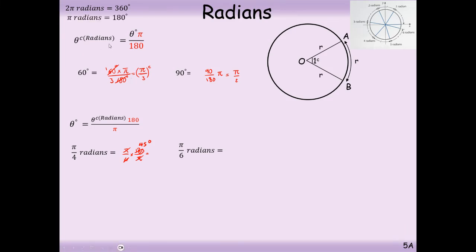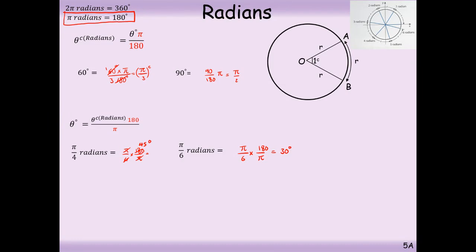This is an important conversion ratio that you might find useful: 1 pi is 180 degrees, so half a pi is 90 degrees. A sixth of a pi means 180 divided by 6, which is 30. If you're not sure, you can just go through the conversion and see that it will give you 30 degrees.